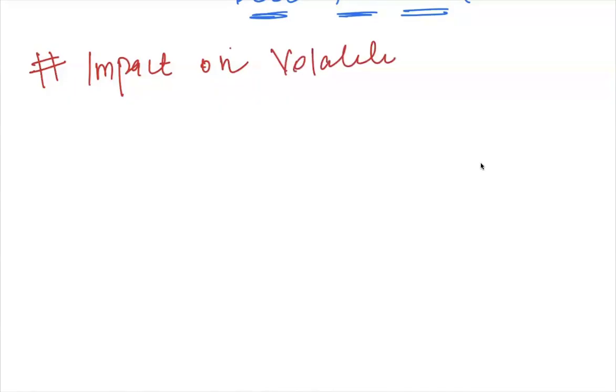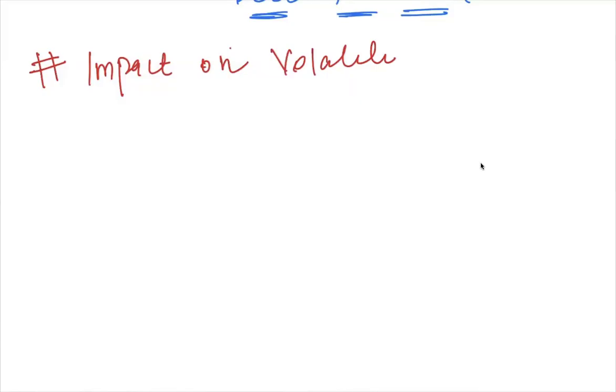Okay. So, moving on, let's see the impact of volatility on delta. We saw how delta gets affected by maturity.